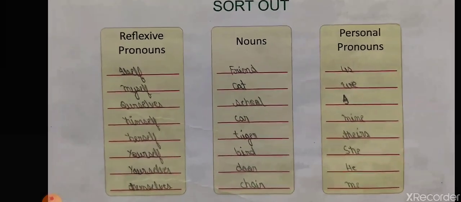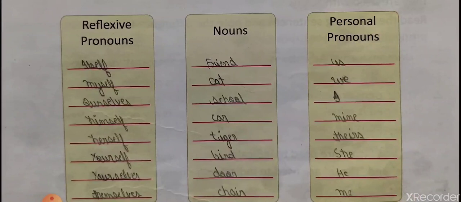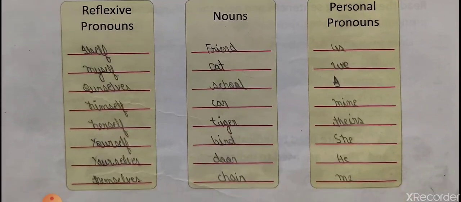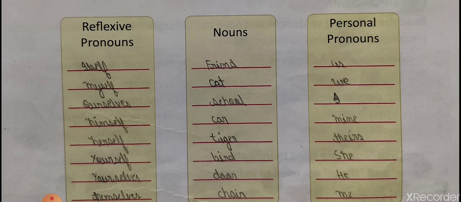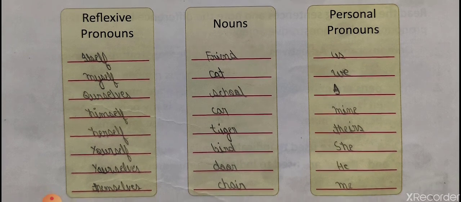So in the reflexive list we have itself, myself, ourselves, himself, herself, yourself, yourselves, and themselves. These are reflexive pronouns. Nouns are friend, cat, school, car, tiger, bird, door, chair. And personal pronouns are us, we, I, mine, theirs, she, he, and me.